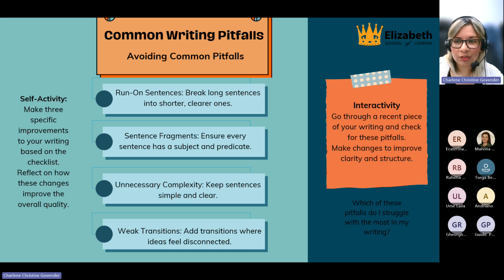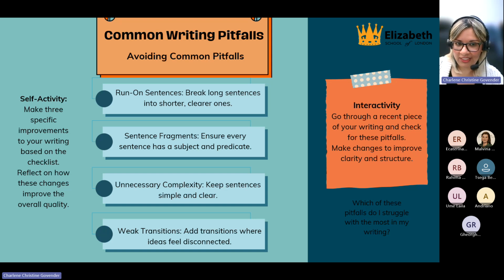Sentence fragments. Like we covered last week, each sentence is made up of a subject and a predicate. So you're basically looking at who's the person in the sentence and what are they doing. Make sure each sentence has either a person or an object, and a clear understanding of what action has been undertaken.